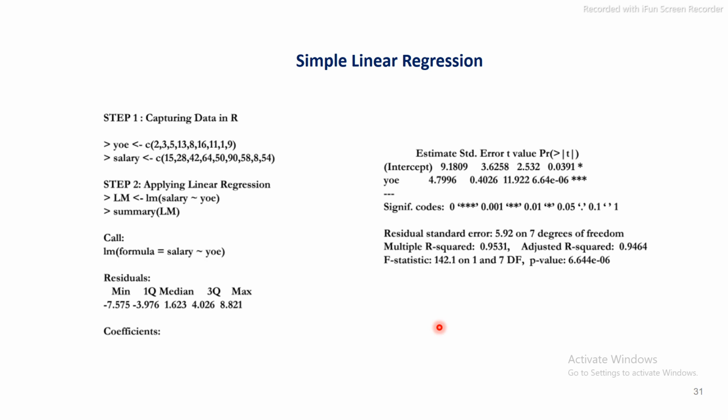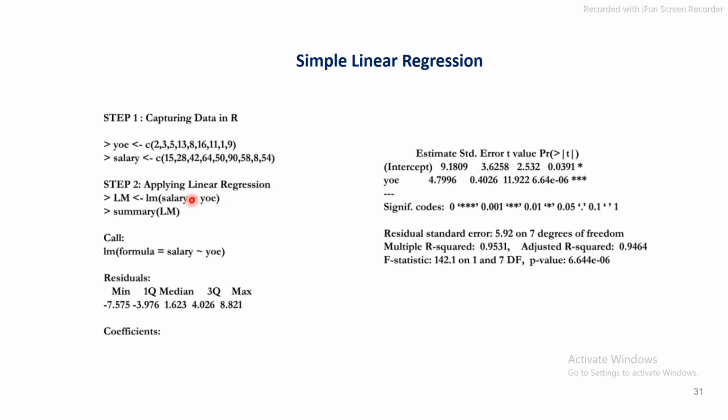Here, see this one, YOE, years of experience. Someone has 2, 3, 5 up to 9 years of experience, and salary was up to 54k. Then you apply lm, which means linear model, and salary, and this tilde sign is the relationship with YOE. Salary is the dependent variable here, and years of experience is the independent variable.